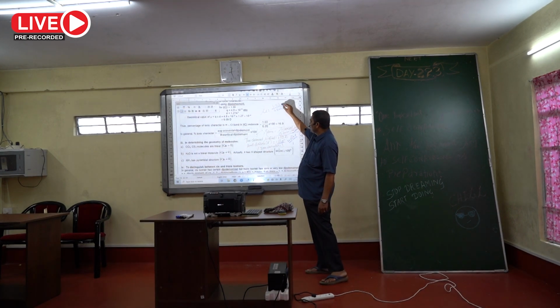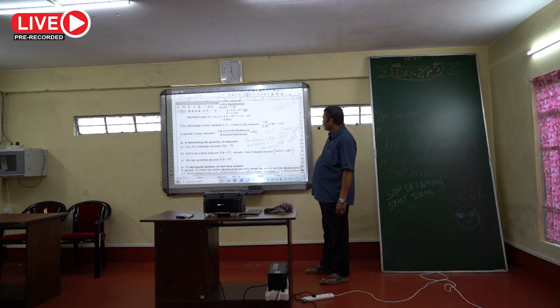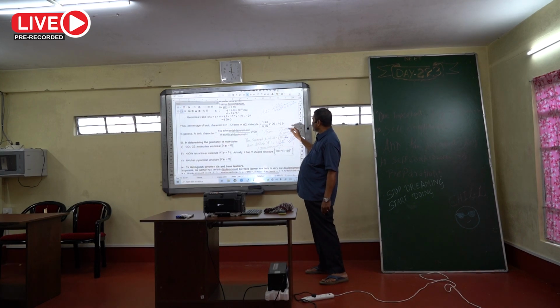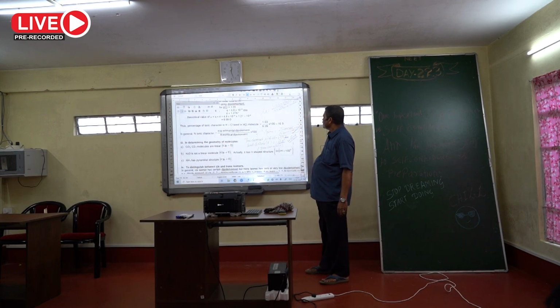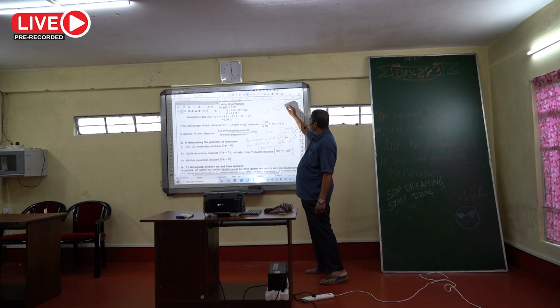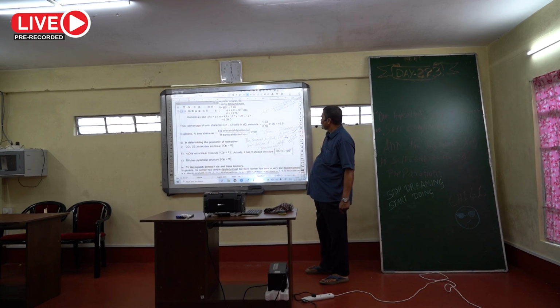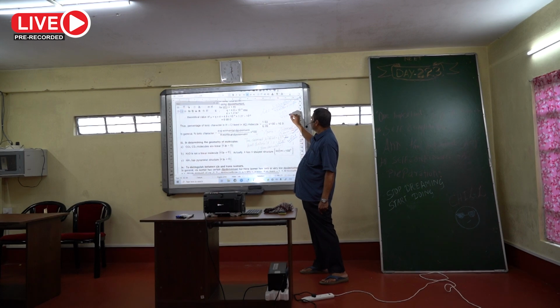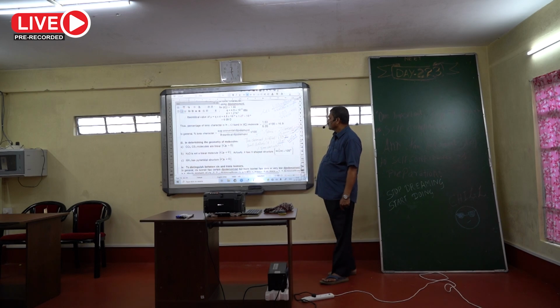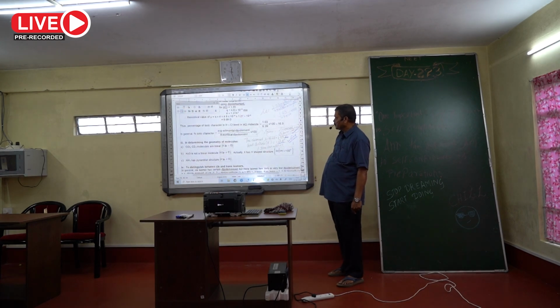Here also the numerator is in debye, to convert into esu centimeters, 10 power minus 18, into 100. So 10 power minus 18 cancels. So what is that? 1.03 by 4.8 into 1.27 into 100.